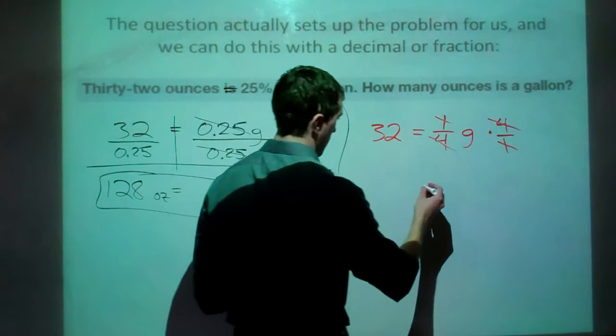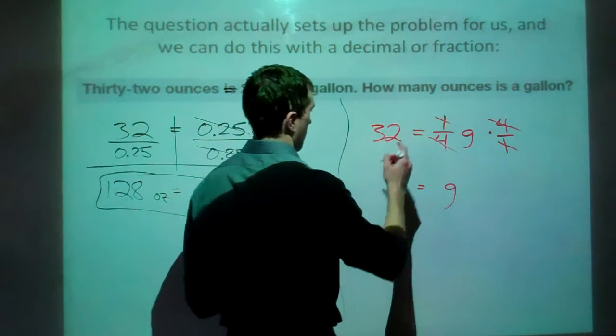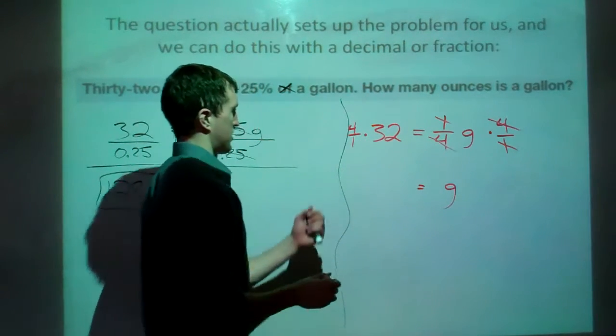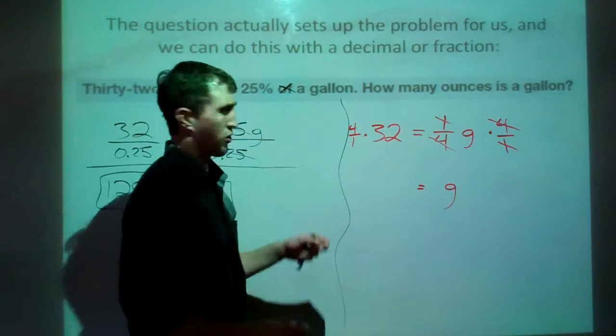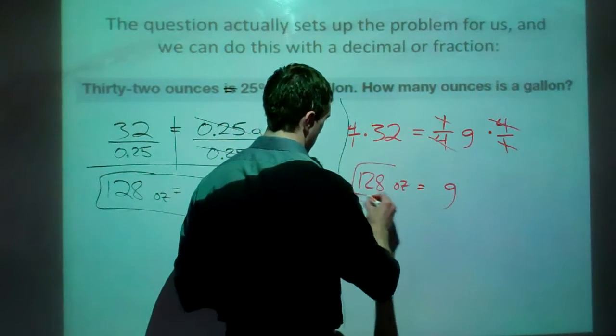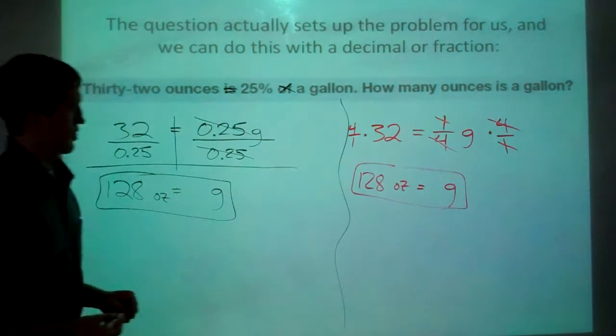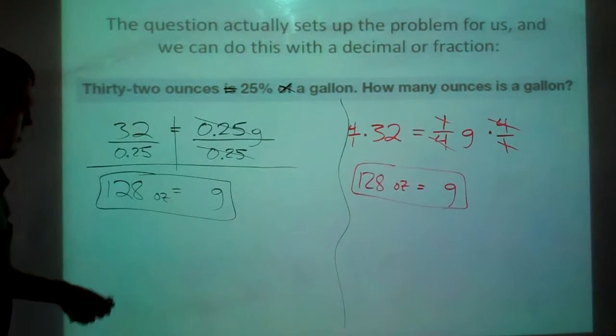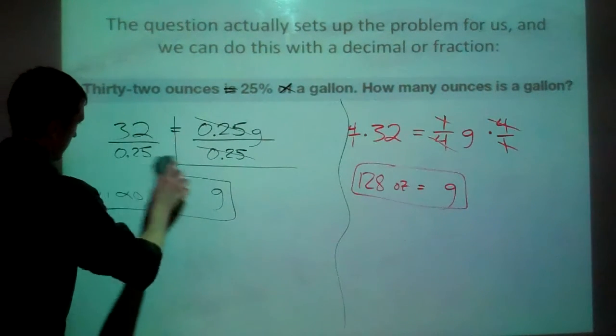And you're left with just G on this side. But we also have to multiply this side by 4 over 1. But it's essentially just saying 32 times 4, which again is 128 ounces. Alright? So either way we arrive at the same answer. It's up to you which one you want to use. Sometimes the fraction is easier, sometimes the decimal is easier. It really depends on what you're feeling.